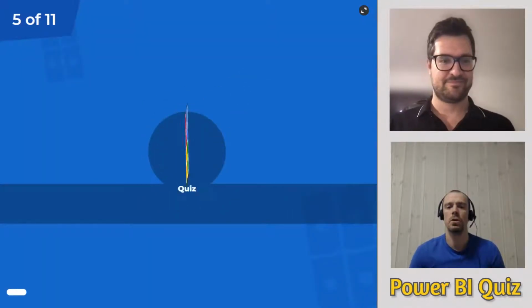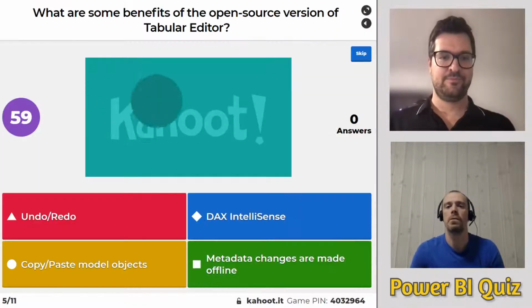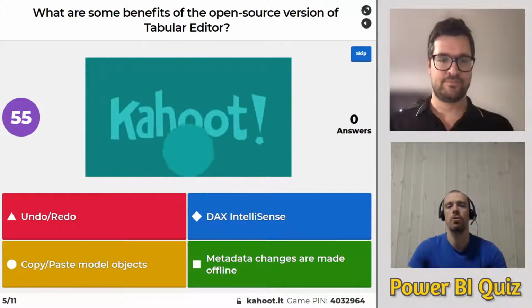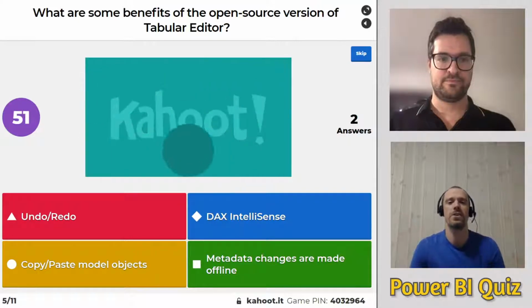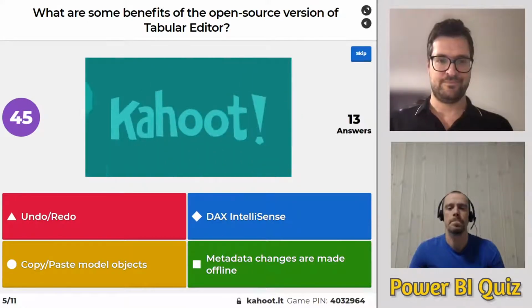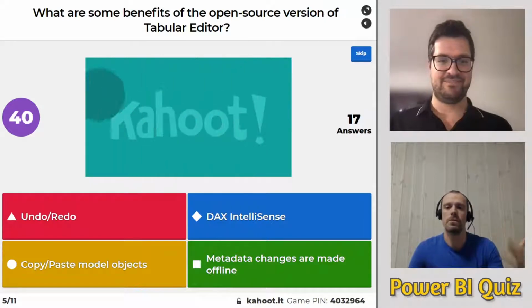Now it's a multi-select, so that means that 1, 2, 3 or all 4 could be the right one. What are some benefits of the open source version of Tabular Editor? There are of course a lot more than the ones you see here. But what are some of them? It could be only 1, 2, 3 or all 4 of them correct.